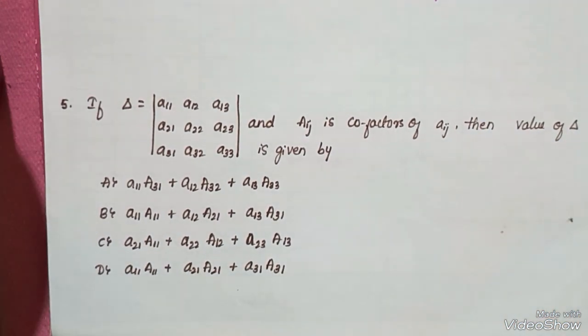a multiple choice question. Here they gave delta, and Aij is the cofactor of an element aij; the value of delta is given, and you have to find it. Here we compare the values while checking.